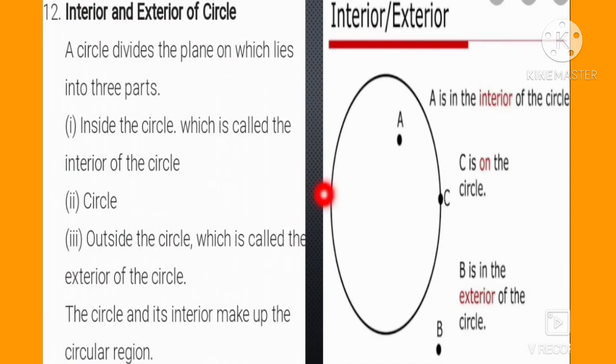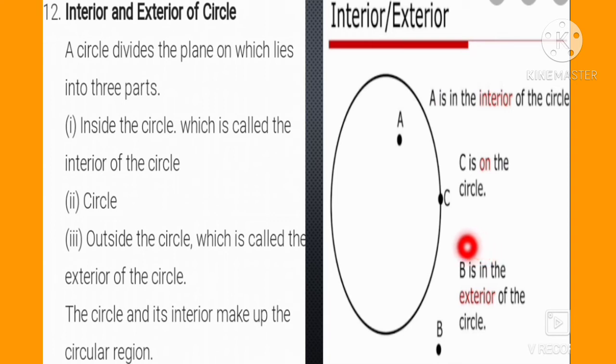Now, interior and exterior. The circle divides the plane on which it lies into three parts. Inside the circle, which is called the interior of the circle. On the circle. Outside the circle, which is called the exterior of the circle.